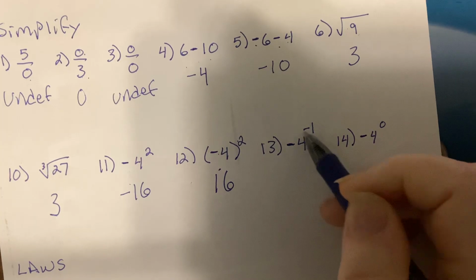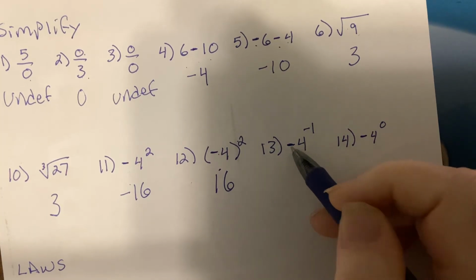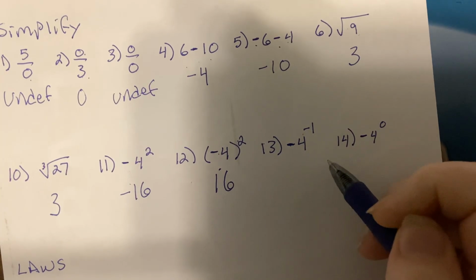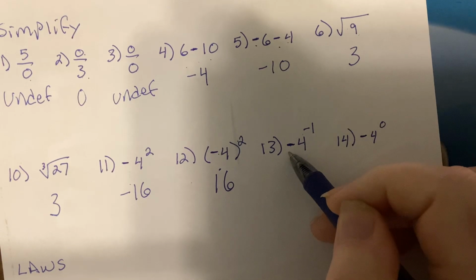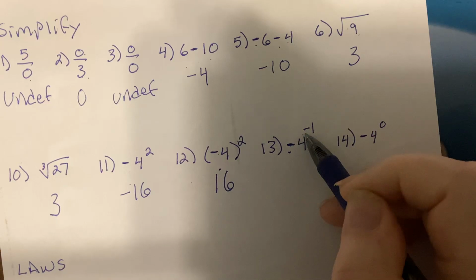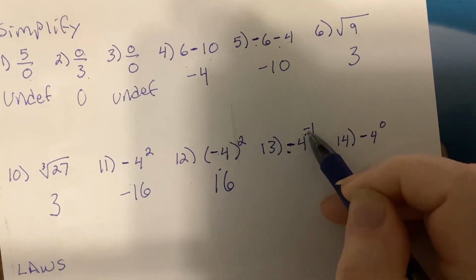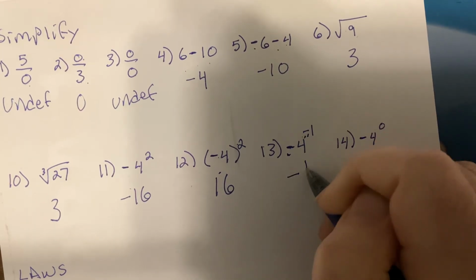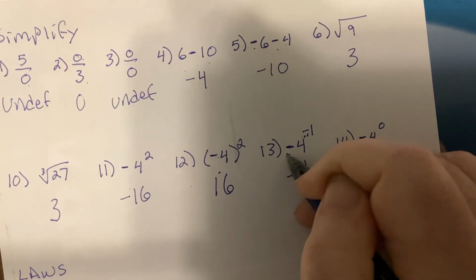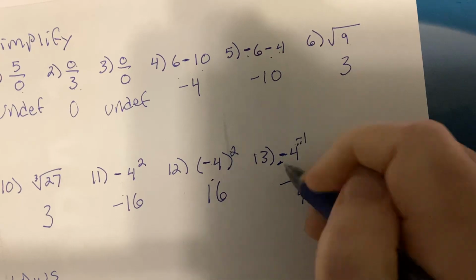Now, this one most people get wrong because you say, oh, negative is positive, but no. This negative means I owe. This negative means I move. I move, I owe. I move, I owe, I move. So the answer is negative 1/4.